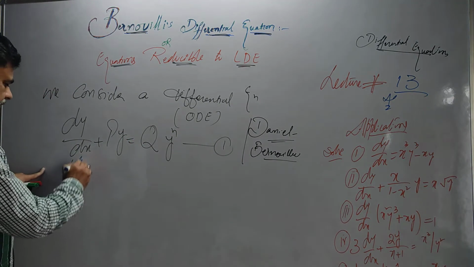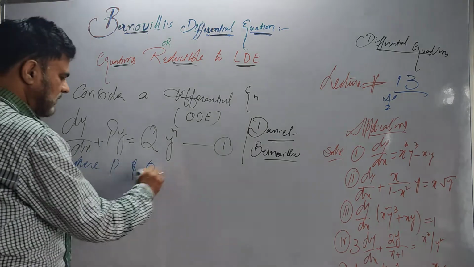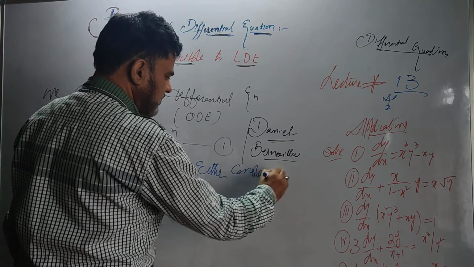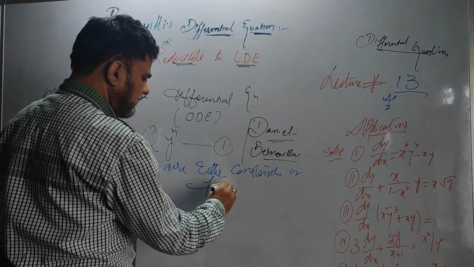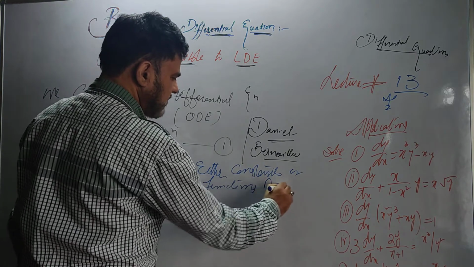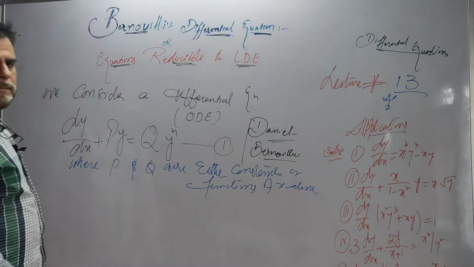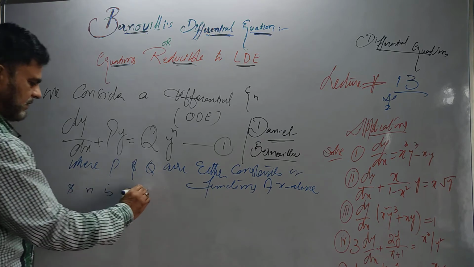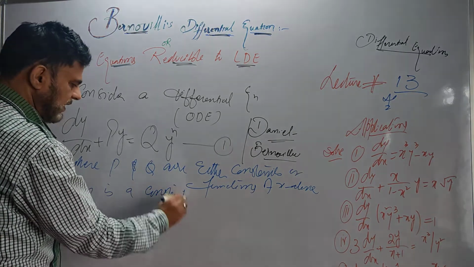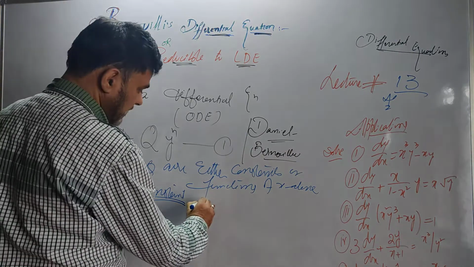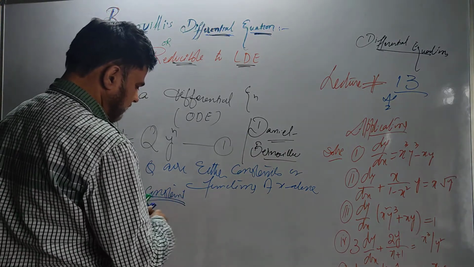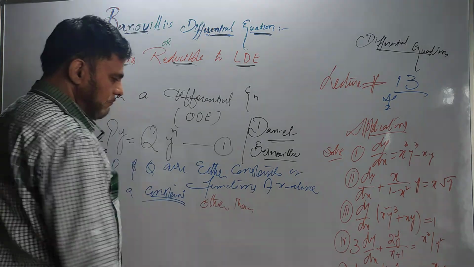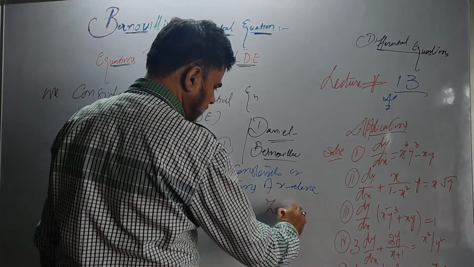We write where p and q are either constants or functions of x alone, and n is a constant other than zero or unity.